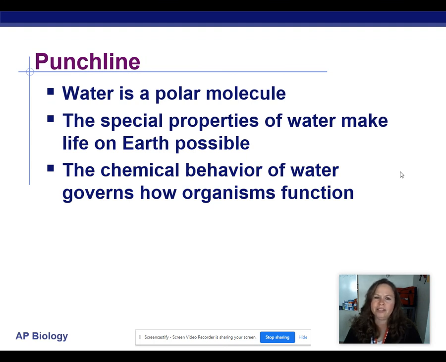So the punchline is water is a polar molecule. Its special properties, which remember it all began with oxygen being more electronegative than the hydrogens and pulling the electrons towards them much more than the hydrogens. It started with that. It makes life on Earth possible. Then the chemical behavior of water can govern how organisms function.